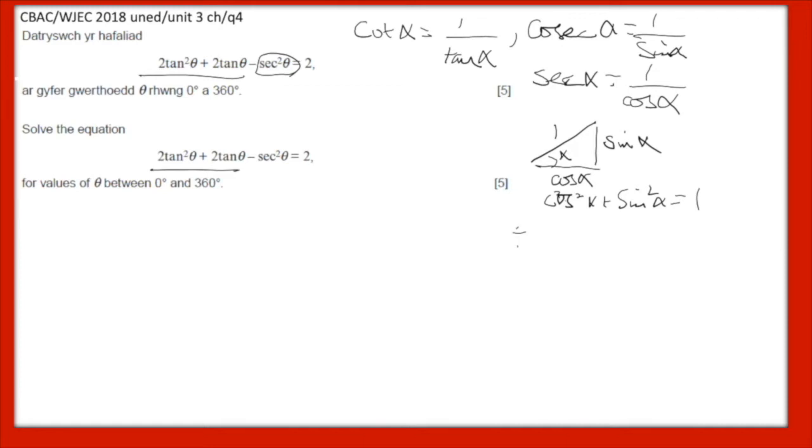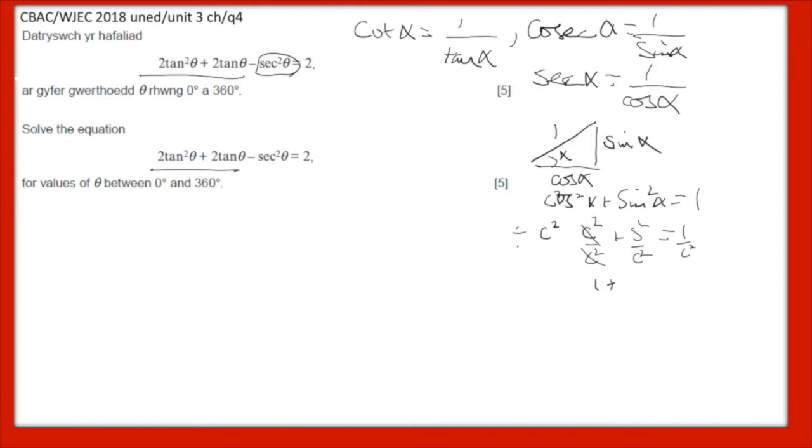If I divide that through by, first of all, cos squared, I'll get cos squared over cos squared plus sine squared over cos squared is equal to 1 over cos squared, and clearly that gives me 1 plus.